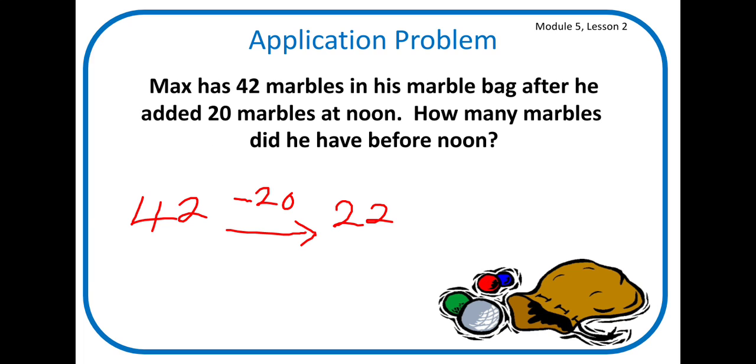To know the amount of marbles he had before noon, we are going to subtract the 20 marbles he added after noon from the 42 marbles he has altogether. So 42 minus 20 is 22. So he had 22 marbles before noon.